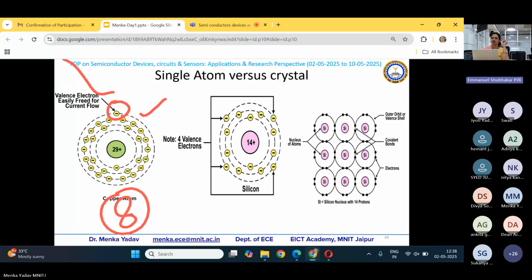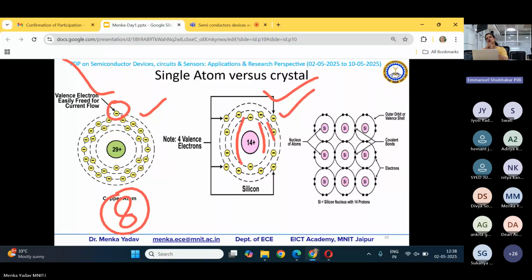Next one is the semiconductor. This is the example of silicon. Silicon has atomic number 40, so this is its electronic configuration. 2 electrons, then 8 electrons, 2 plus 8 is 10, and in the outermost shell there are 4 electrons.